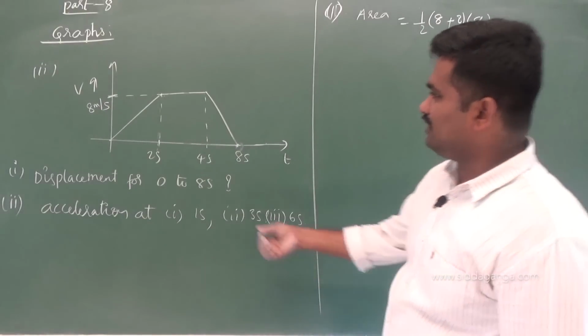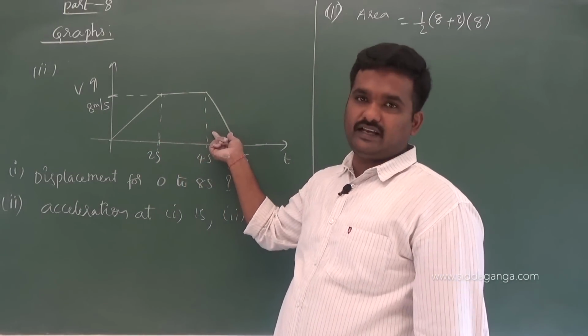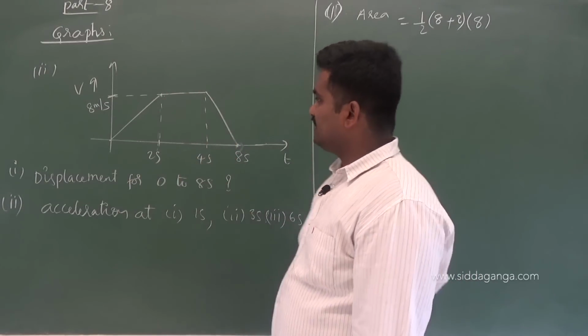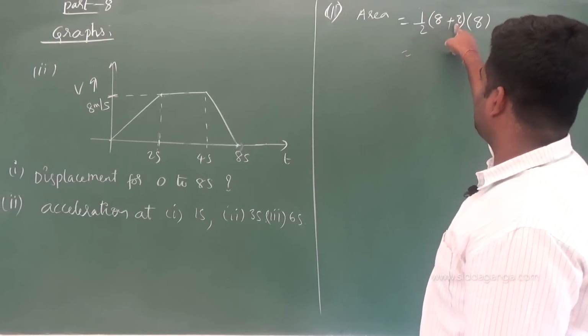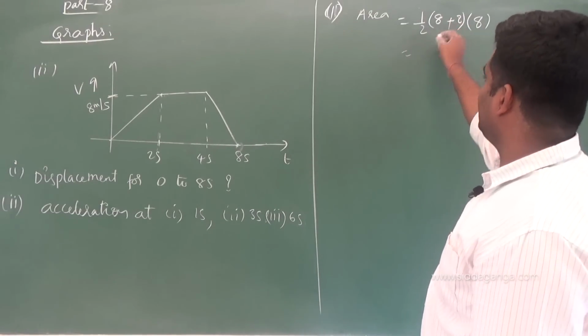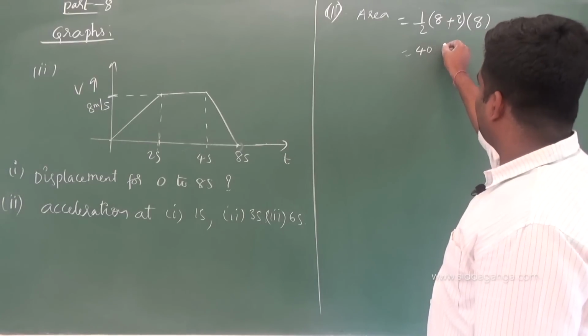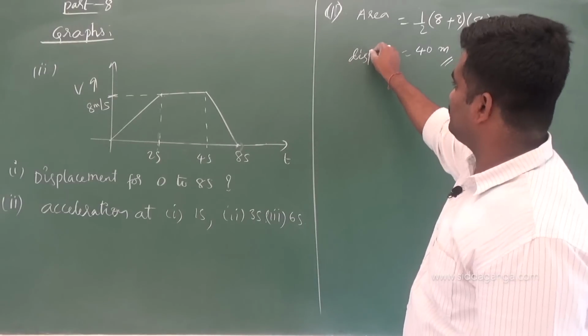Even if you solve half into base into height plus half into base into height of this, plus area of this rectangle, you are going to get the same. If you simplify, 8 plus 2, 10. 2 5s, 8 5s, 40. This is 40 meters, the displacement here. Displacement of this body will be equal to what?